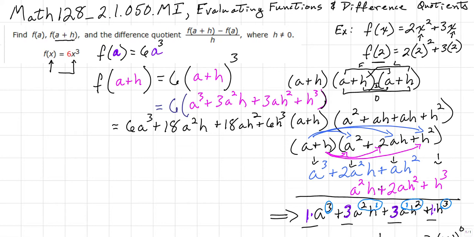The next one that we want to find is the difference quotient. The difference quotient is going to take what we just found for f of a plus h, and we're going to subtract f of a from that, and then we're going to divide by h. So let's look at that.